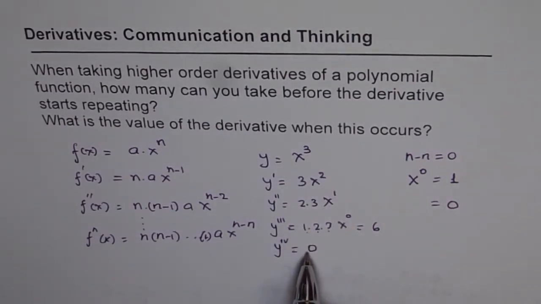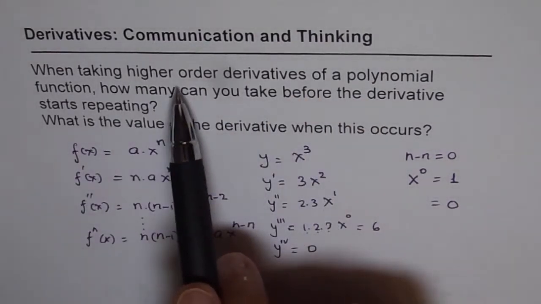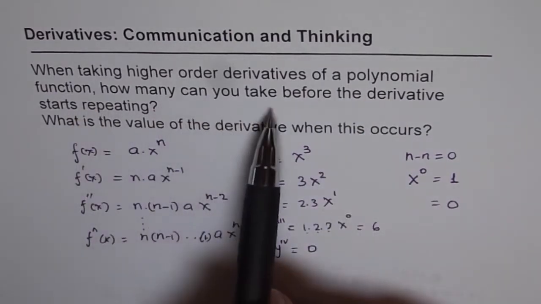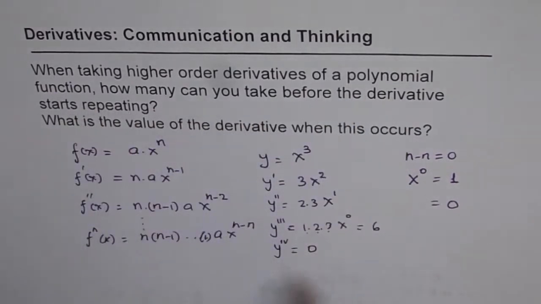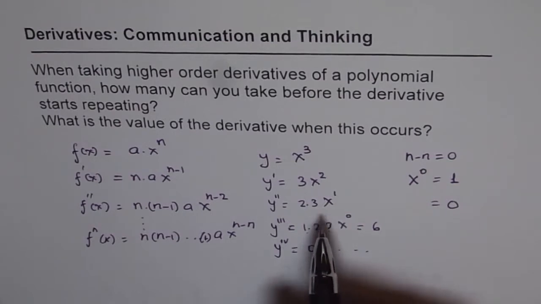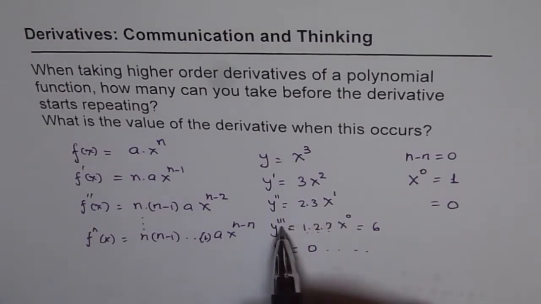So the answer for the first one is, when taking higher order derivatives of a polynomial function, how many can you take before the derivative starts repeating? After this, it starts repeating as zeros. Do you understand? So the fourth derivative, and thereafter, becomes 0, right? So either way, we can say we can take the third derivative.